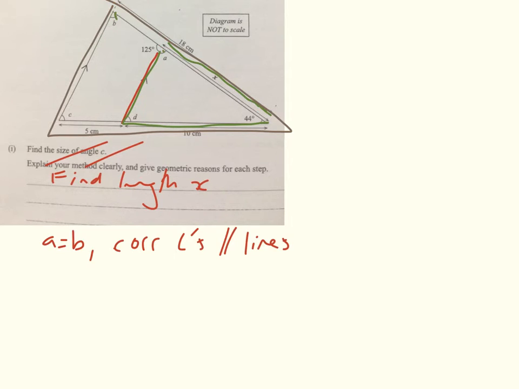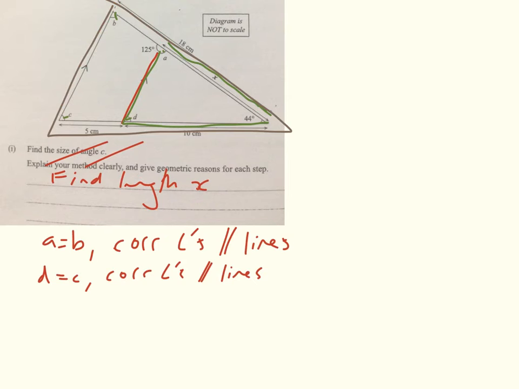Then D equals C, again because of corresponding angles on parallel lines. Just to make sure, these lines here are parallel because of that little arrow in the middle. So these two here are the same, put a little line on those.